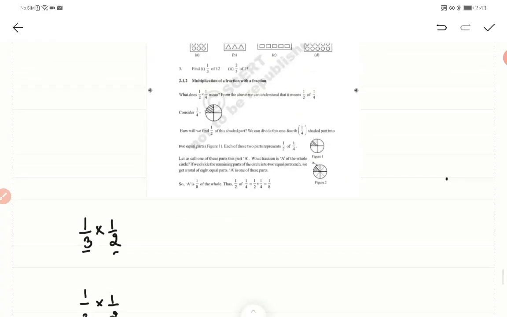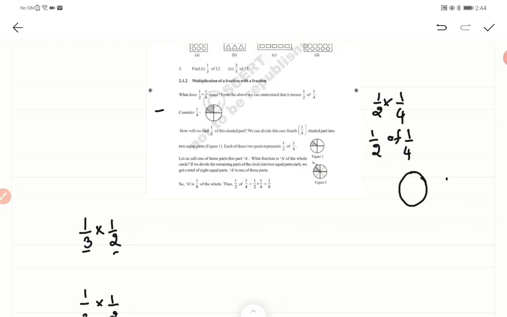So see, in this you can observe it is 1 by 2, 1 by 4. What does this mean? This is 1 by 2 of 1 by 4, isn't it? First of all, how do you draw 1 by 4? I'll take a circle.